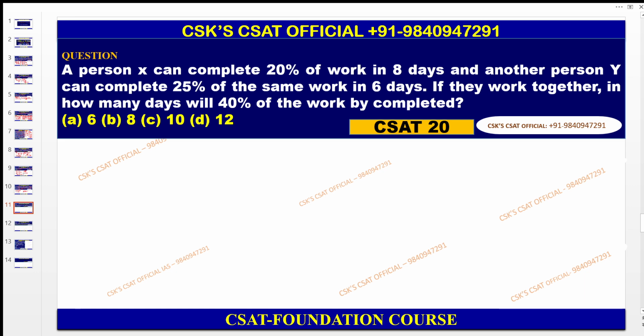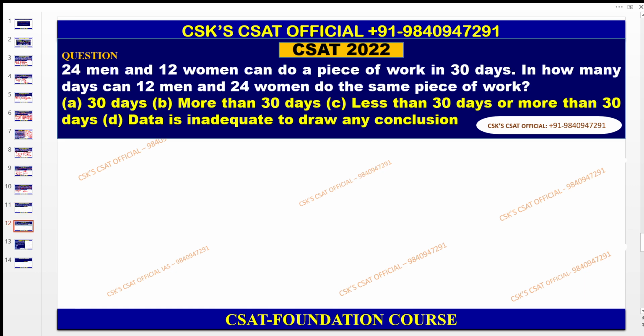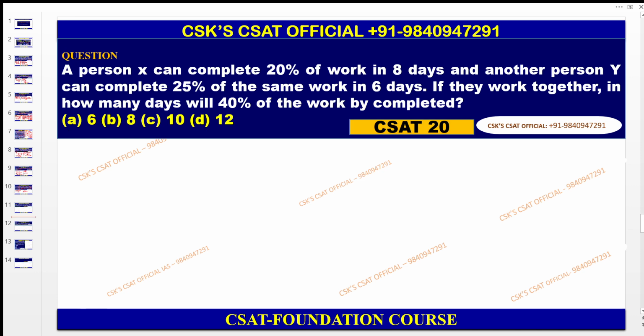Now this we have already discussed. Anyhow, we'll discuss this question. I think this question was there in 2020. We already discussed this during the percentage concept also. A person X can complete 20% of the work in 8 days.